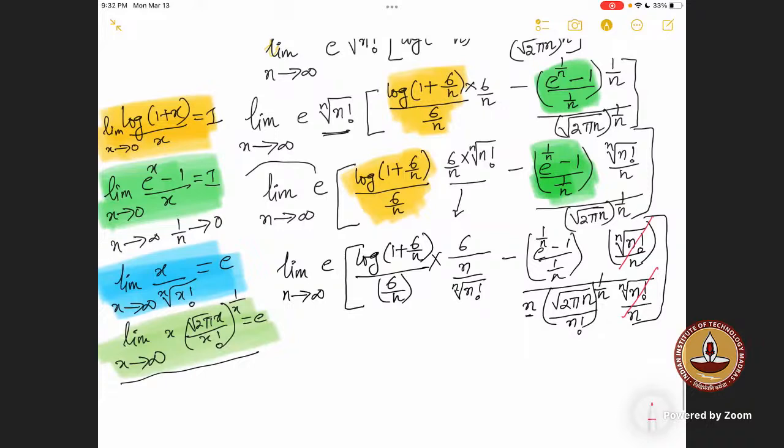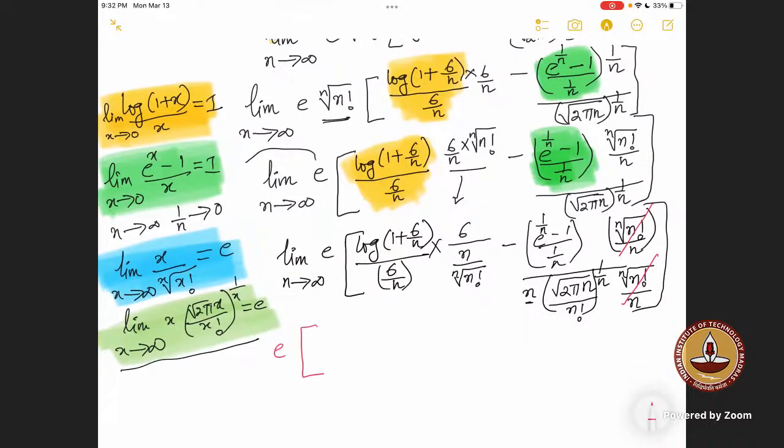In place of n tends to infinity, can I write, that means if n tends to infinity, can I write 1 by n tends to 0? Let me take 1 by n as some k. Then it will be limit k tends to 0 log 1 plus k by k, right?